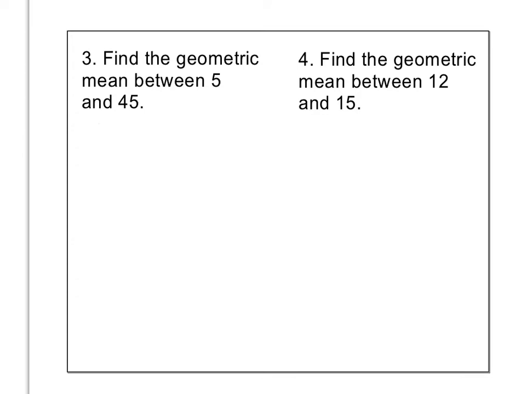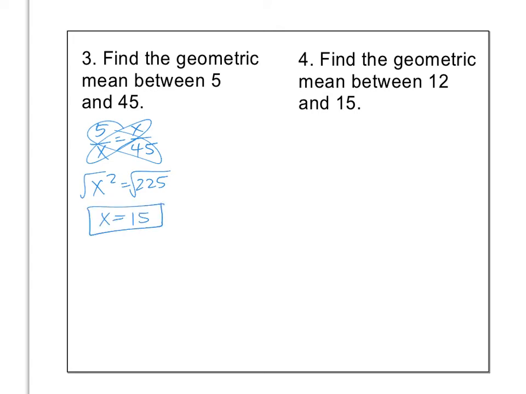So number 3, you're going to go 5 over x equals x over 45, and you're going to cross multiply. So you get x squared equals 225, square root, x equals 15. The next one, 12 over x equals x over 15.